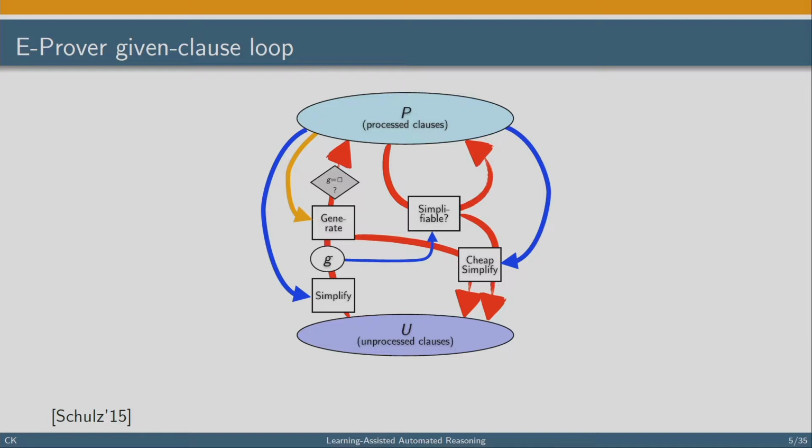Well, this was discovered about 50 years ago. It was discovered that the main choice is the selection of the next clause to process from the unprocessed clauses set. Why?